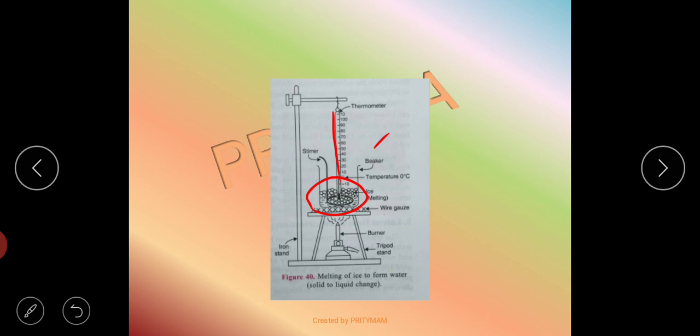If we note the temperature, it is found that it is 0 degrees Celsius. We now heat the ice gently using a very small flame, and we keep on recording the temperature of the melting ice on the thermometer every minute.